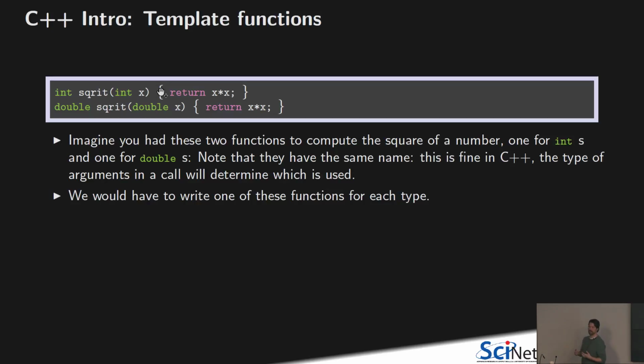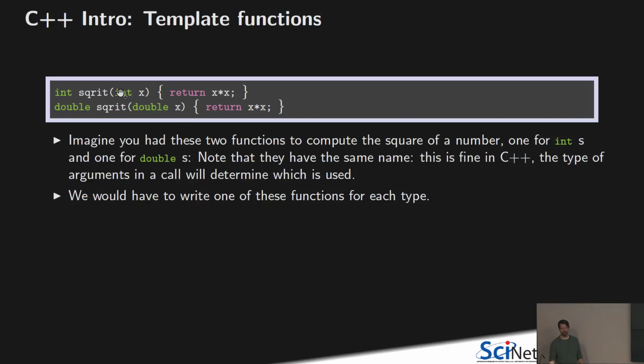But I still had to write two functions for that to happen. And they are essentially the same, except for the type, right? But I have to do that because C++ is strongly typed. So passing a double and an integer are in principle different functions.